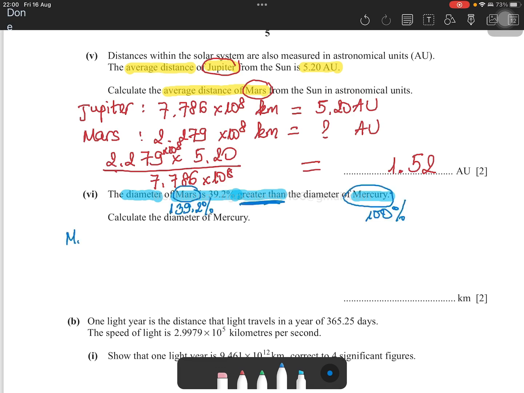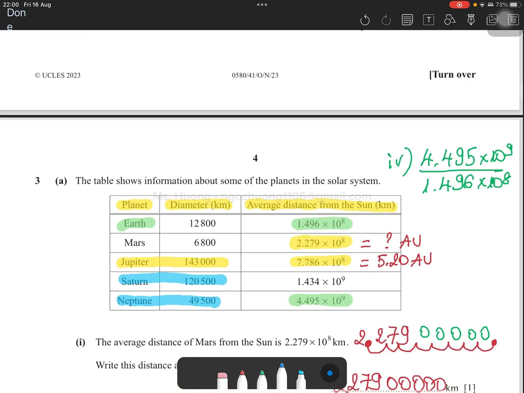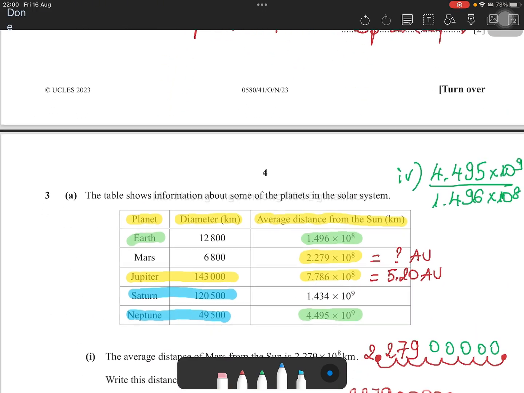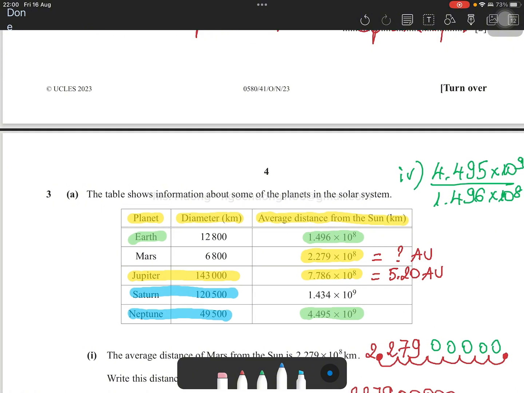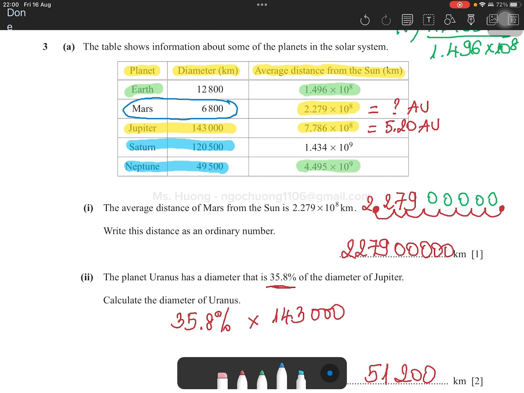So let's write this: Mercury 100%. And we add 39.2% to get Mars, which is 139.2%. In the question, we know the diameter of Mars, here it is 6,800.